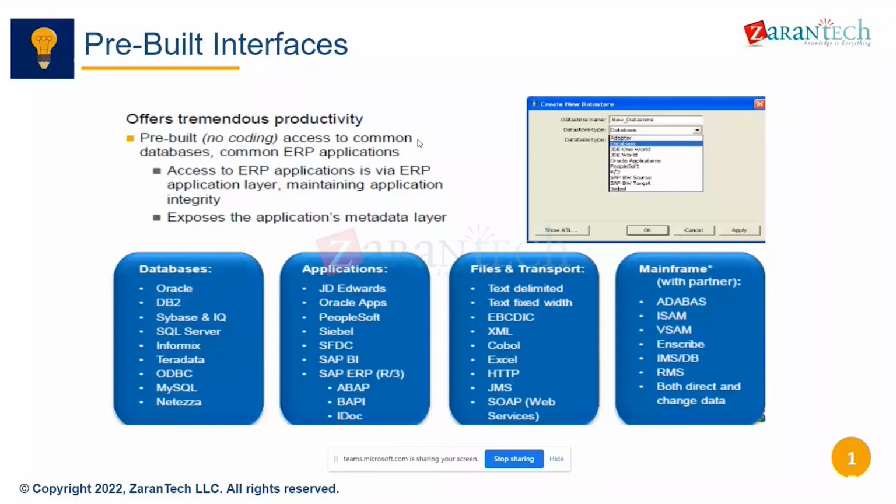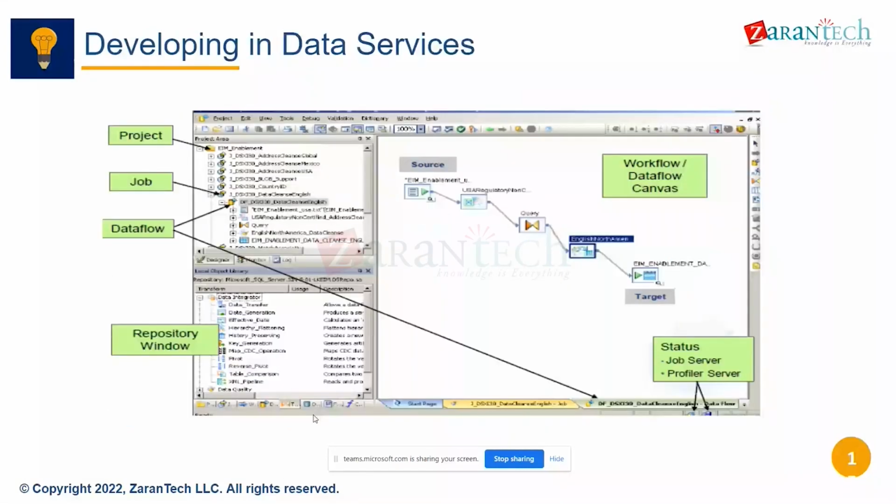So this data store was there, right? I told you. From this data store, some pre-built connectivities are there. In this pre-built connectivity, some system configurations are already defined. For example, if we want to connect to MS SQL Server, what are the required parameters?